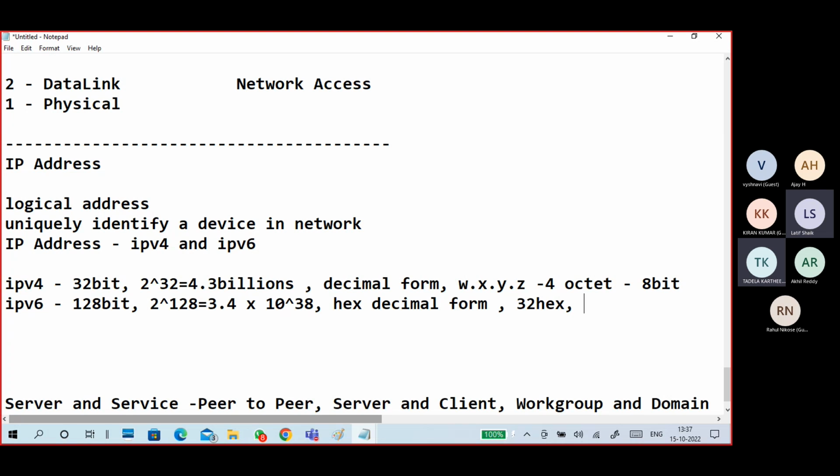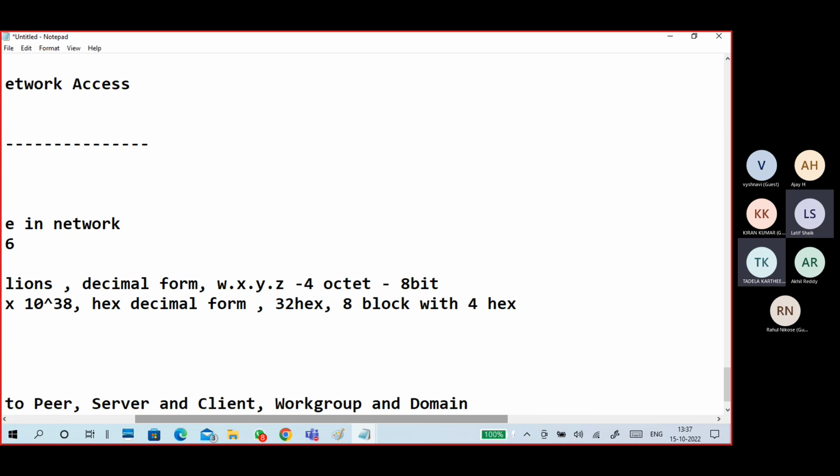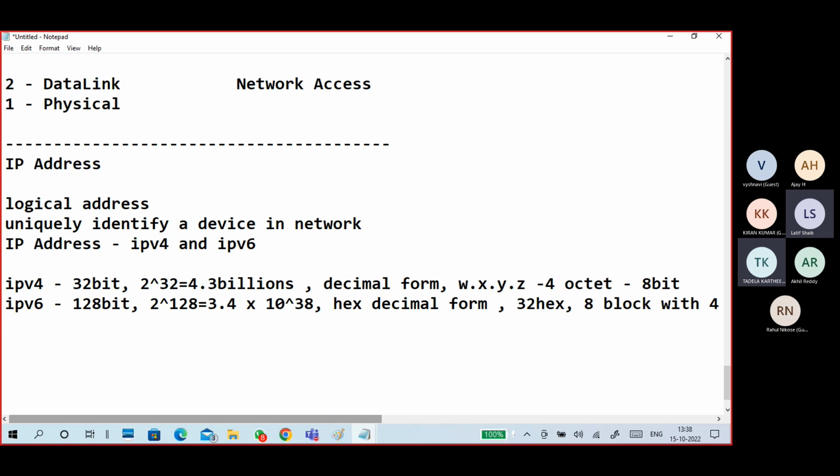It is divided into 8 blocks with 4 hexa numbers in each, separated by colons, right? Okay, that is IPv6.